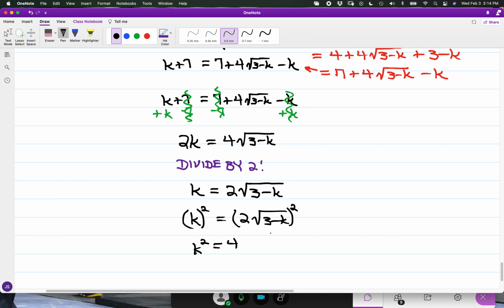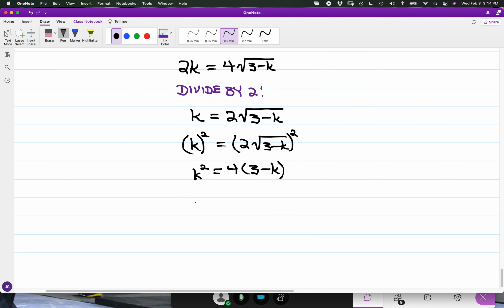The square root of 3 minus k squared is going to be 3 minus k. Now we squared the terms, but to the right, the squaring does not automatically take care of the multiplication. You had that bit to follow through on. So 4 times 3 is 12, and 4 times negative k becomes minus 4k.